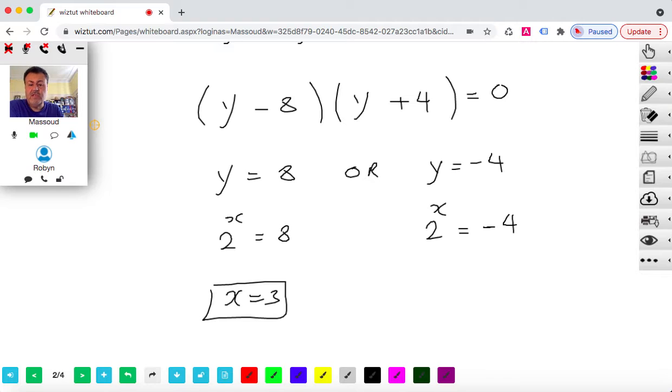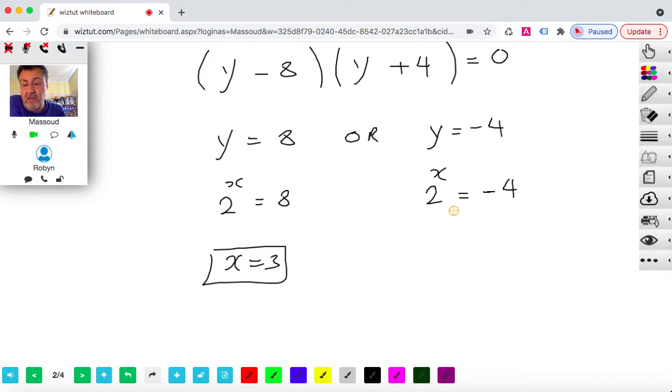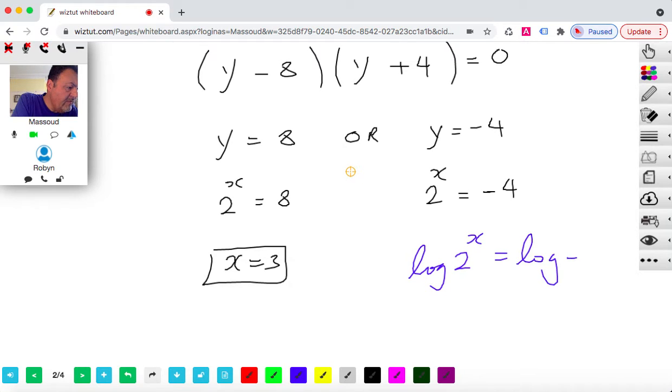It's obvious on the other side also, for this equation, that there won't be an answer. Sometimes you have to log these to get the answer. If I log the left-hand side, I get log of 2 to the power of x is equal to log of -4. And the issue is this side.